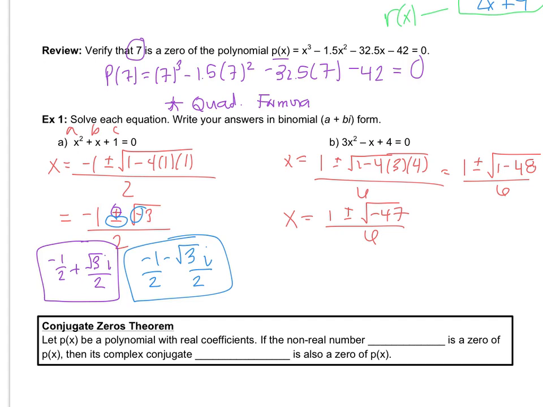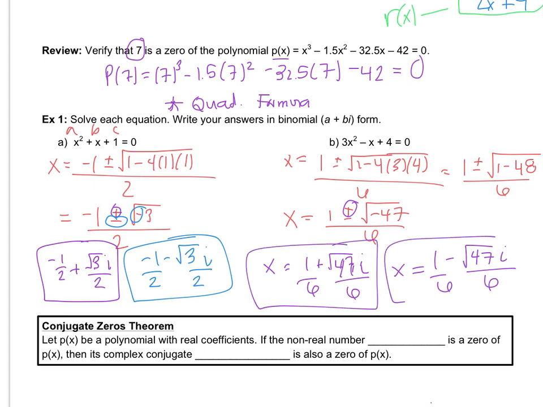One of my zeros is the positive version of this: x equals 1 plus the square root of 47 i over 6. And the other one is 1 minus the square root of 47 i, both of those over 6. So this is how you write those solutions to a polynomial, or zeros of a polynomial, in binomial form.